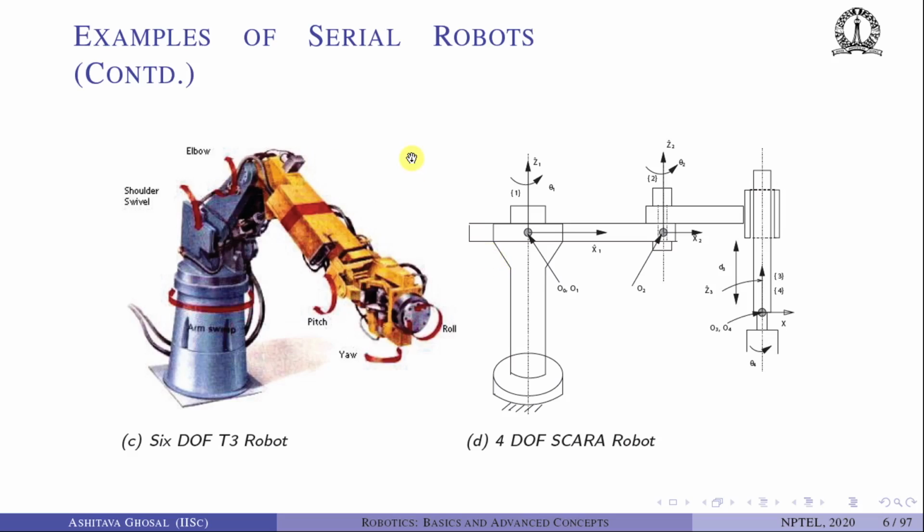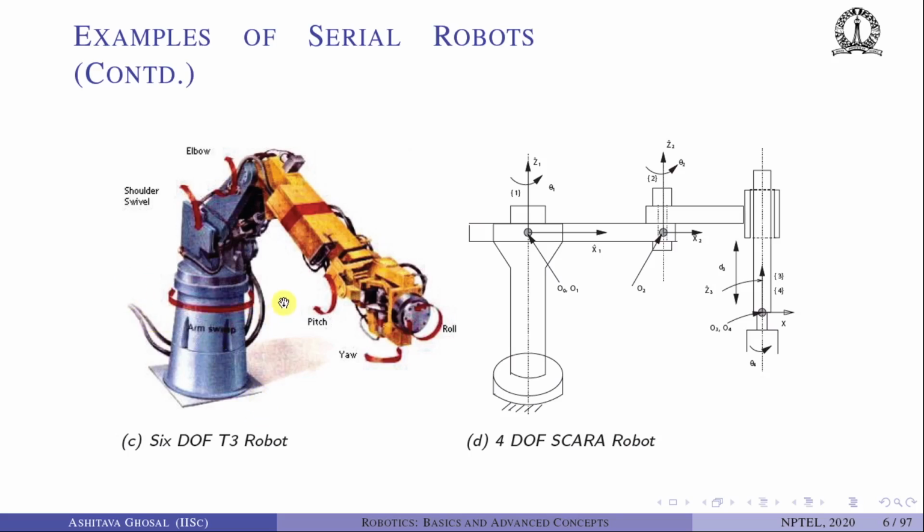One of the very well-known classical 6 degree of freedom robots is this 6 degree of freedom T3 robot. This was made by a very well-known American company called Cincinnati Milacron. Many of you may have heard of it, but nevertheless. So it is a robot with 6 degrees of freedom.